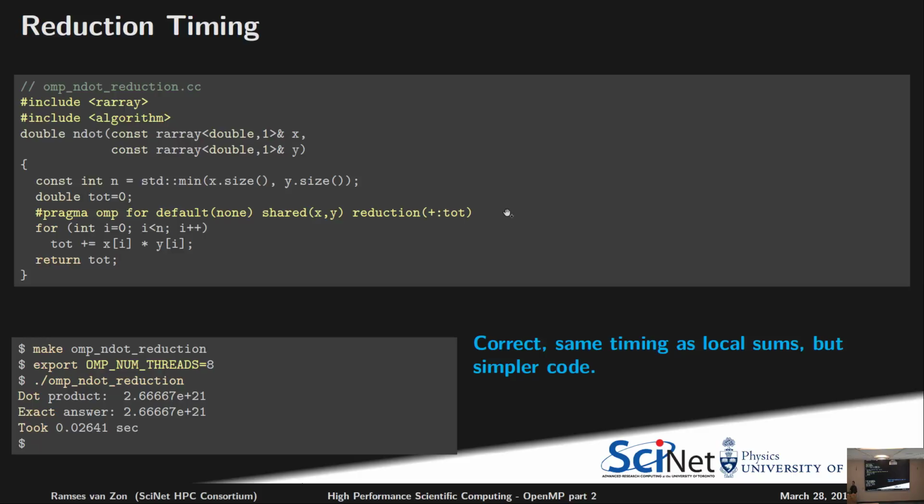What is really nice about this is that if I take away this pragma line, I just have my serial code back. So once you know that you have these reduction variables at your disposal, when you have a loop where there's a data dependency, which is what we have here, we're writing to the same variable, but the data dependency is a simple reduction, you can still parallelize the loop by a single line, just declaring that this variable is a reduction.